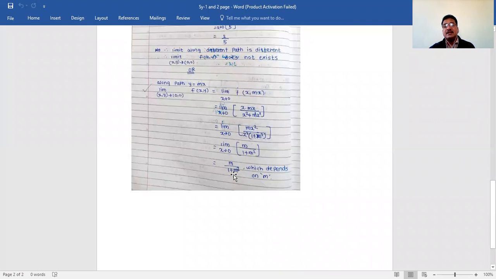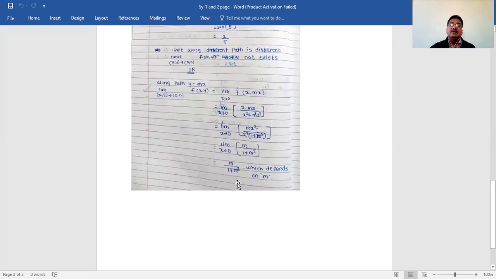If the answer does not depend on m, then we cannot say that the limit along different paths is different, because if we change m, the answer remains the same. But here, the answer depends on m, so if m changes, the limit along that path also changes.